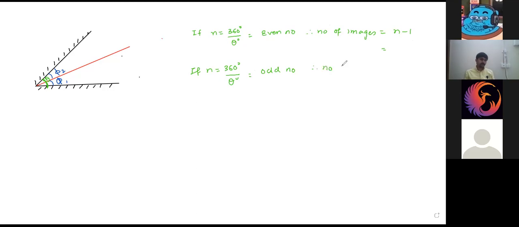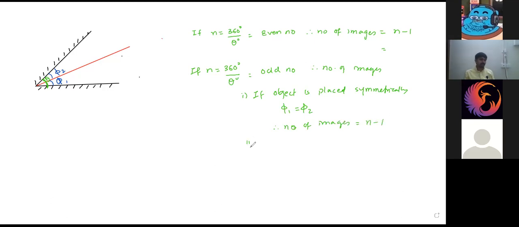then the number of images will depend on whether the object is placed symmetrically. If it is symmetric, phi 1 is equal to phi 2, the same, then the number of images is equal to n minus 1.